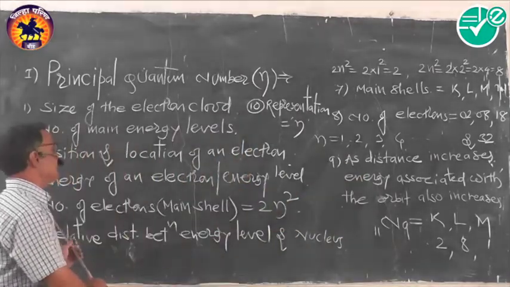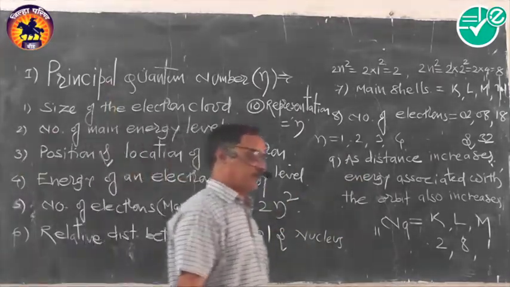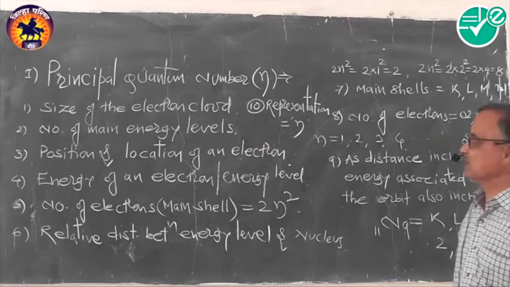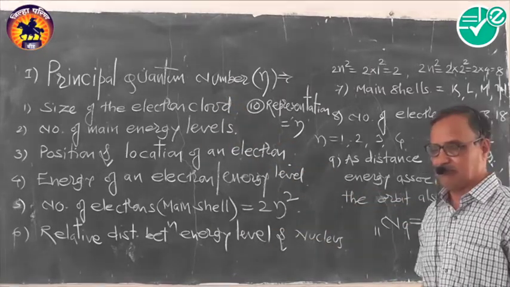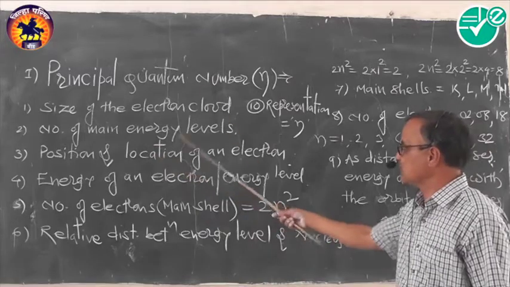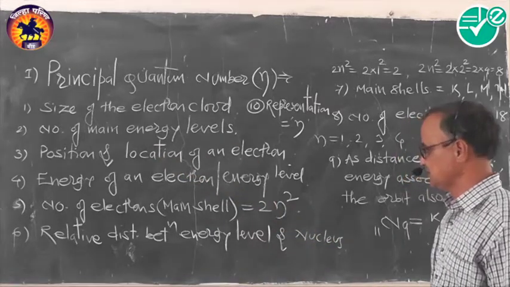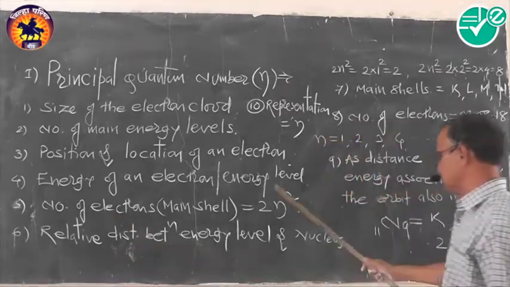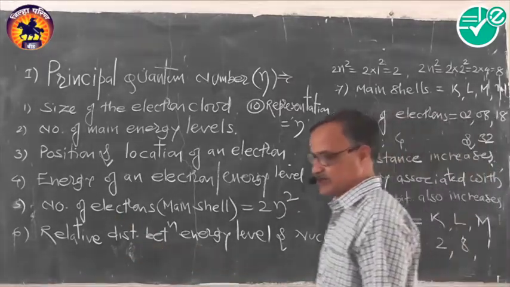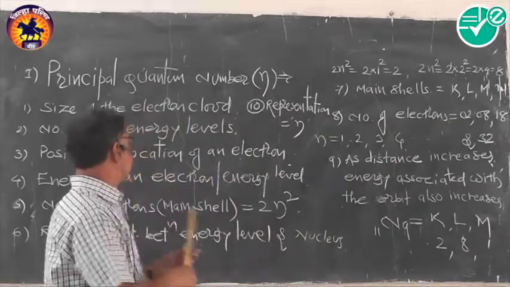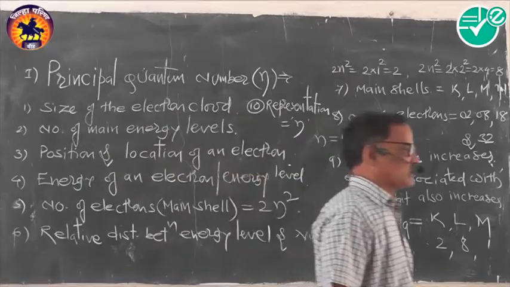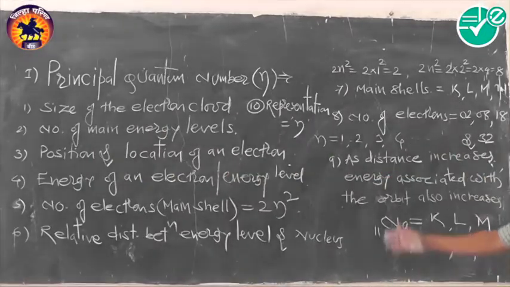The number of electrons present in the main energy level is calculated by the formula 2n square, and this belongs to the principal quantum number because it gives the number of main energy levels in the atom of an element. The sixth one is the relative distance between the energy level and the nucleus. As mentioned above, the principal quantum number gives the relative distance between the nucleus and the outermost electron.